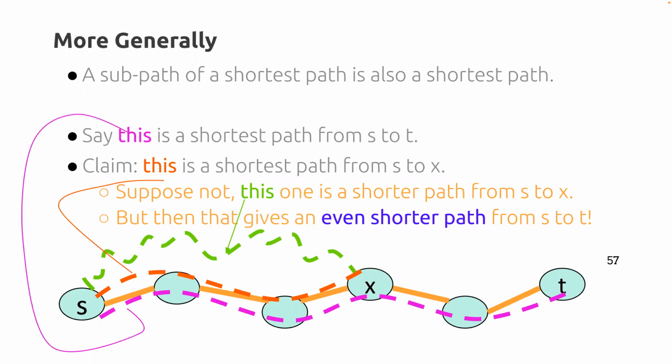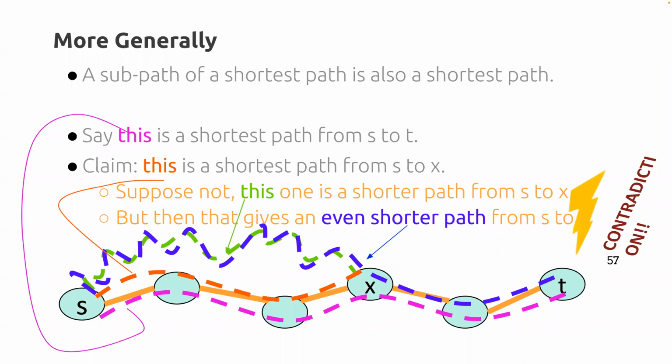Then this path that goes from S to X and then goes from X to T would have been shorter than this path that I said at the beginning was the shortest path from S to T, right? So that's a contradiction, which means a subpath of a shortest path is also a shortest path, okay?